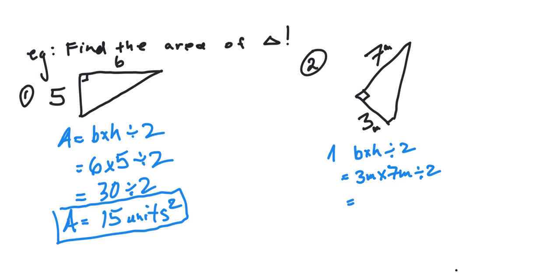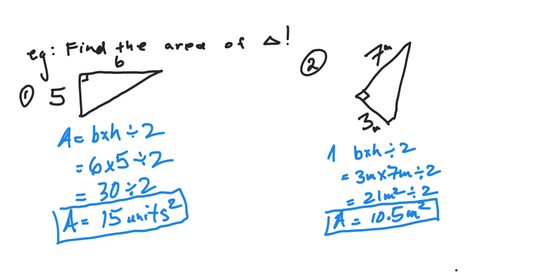Punch that in the calculator. You're going to get 21 meters squared divided by 2, which ends up being 10.5 meters squared. And you're done.